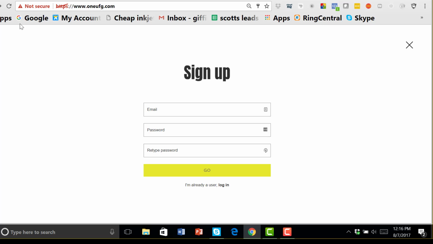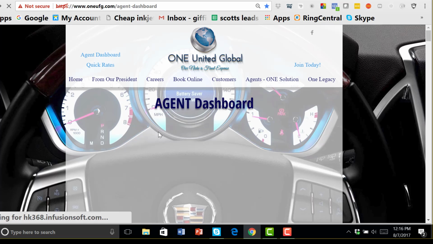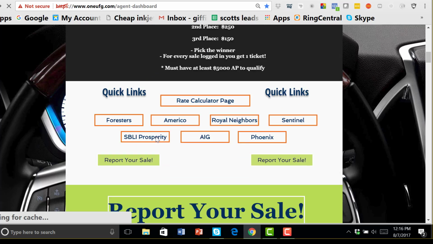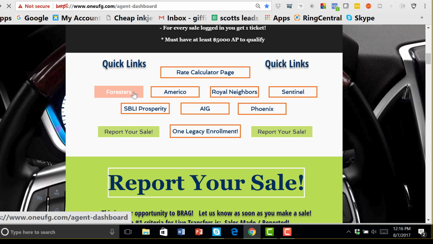I think a couple of you have been getting contracted and said that there's only a couple companies in there. If that's the case today, let me know. But the companies we're primarily looking for are definitely Foresters, Americo, and Royal Neighbors. You definitely want to have those three.